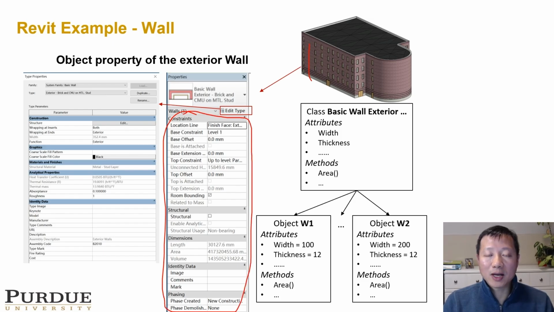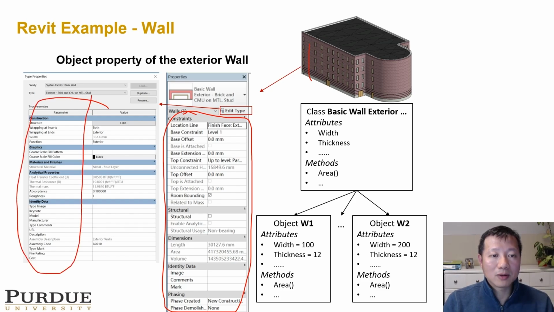As you can see, we have a list of attributes right here with all the values specified for a specific object. On the other hand, we can open up the class window by clicking this Edit Type, and it gives us another list of attributes. We call them parameters, and also the values associated with them. The difference between these two sets of attributes is such: all the values here at the class level apply to all the objects that are of this type.